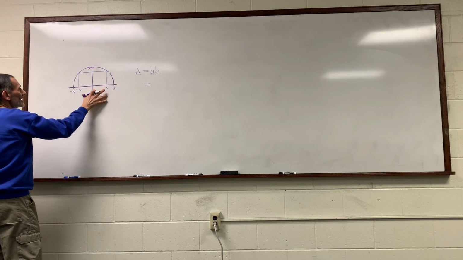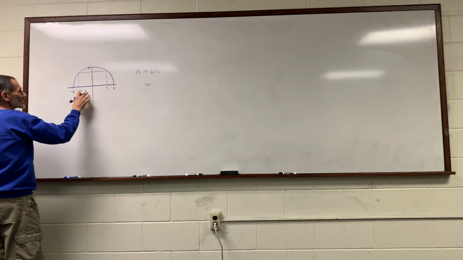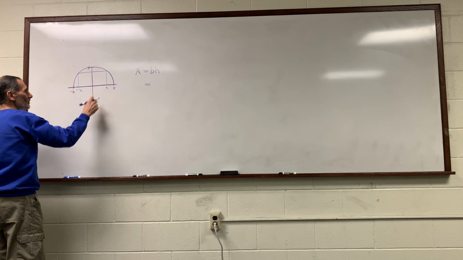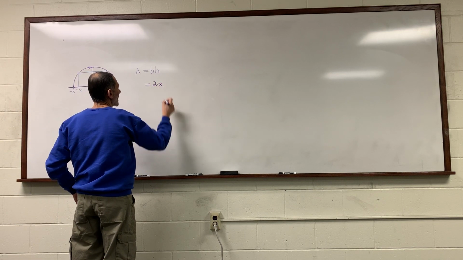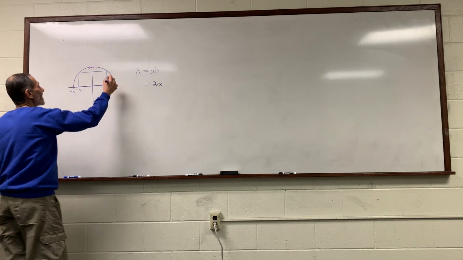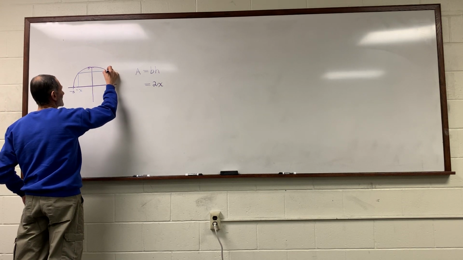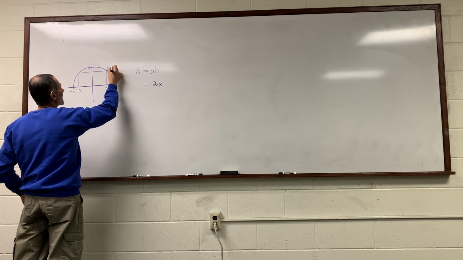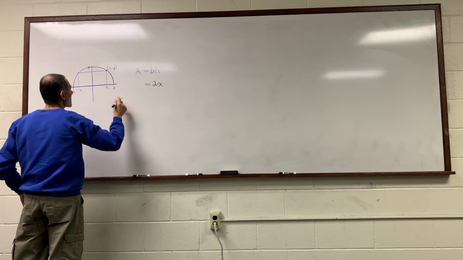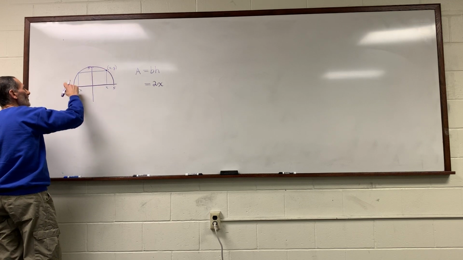The base is easy to express in terms of x. If it runs from negative x to positive x, the base is 2x. The height is clearly the y coordinate here. Remember what this arc is.